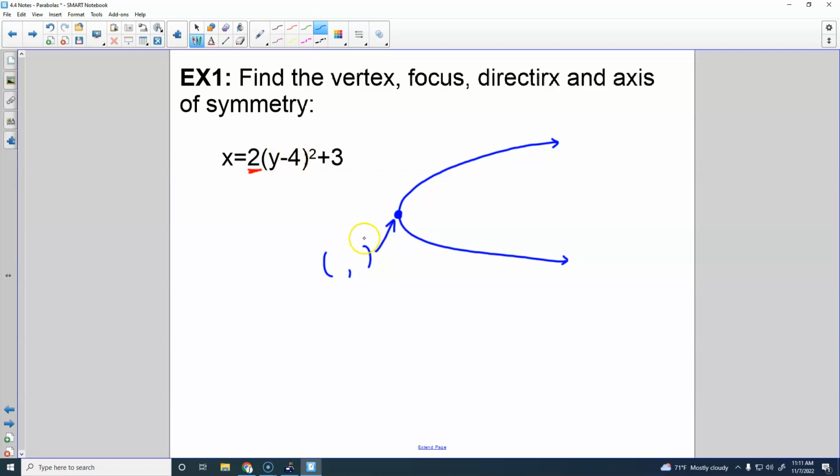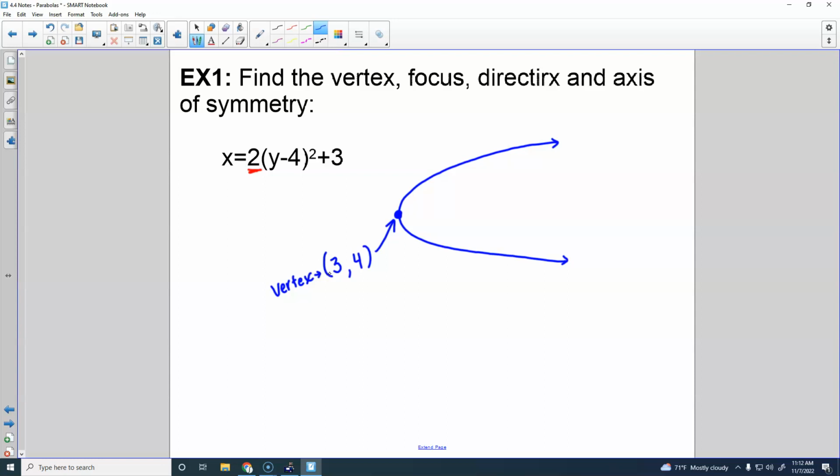So your y coordinate is going to be positive 4. And then your x coordinate is also positive 3. You don't change the sign for this one because it's not inside of the parentheses. It's really easy to get that backwards. And that is your vertex, yes. So this is the vertex. It's 3, 4.